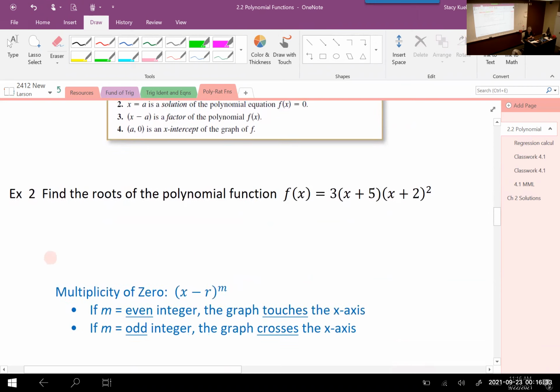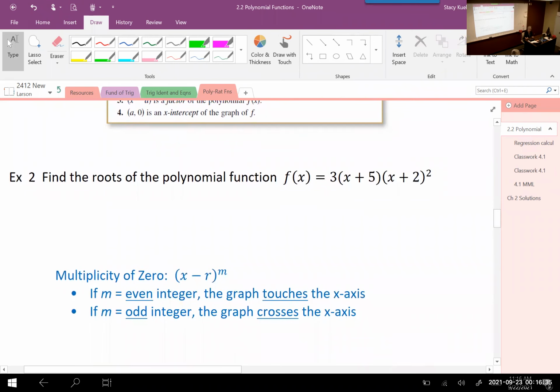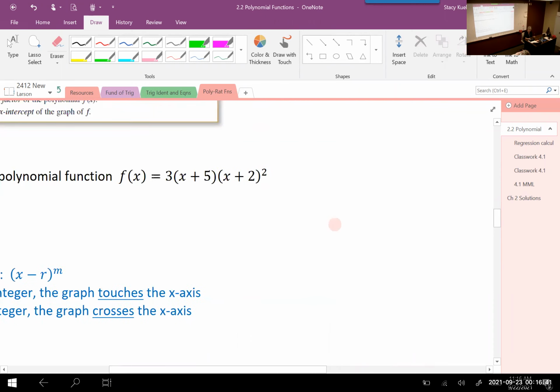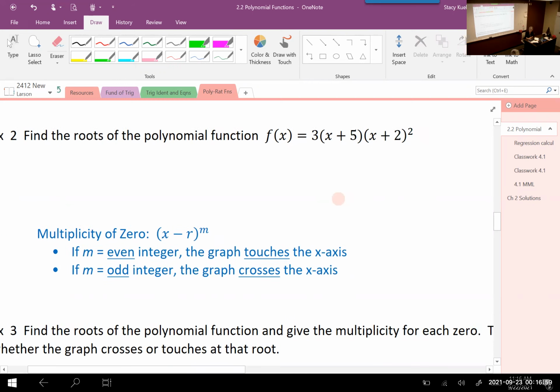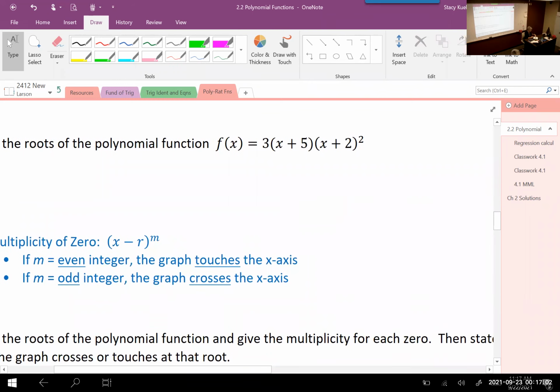So let's take, not that function, all right, let's take this function here. And I want to find the roots of this polynomial. To find the roots, I'm going to set the function equal to 0 and solve to find the solutions.